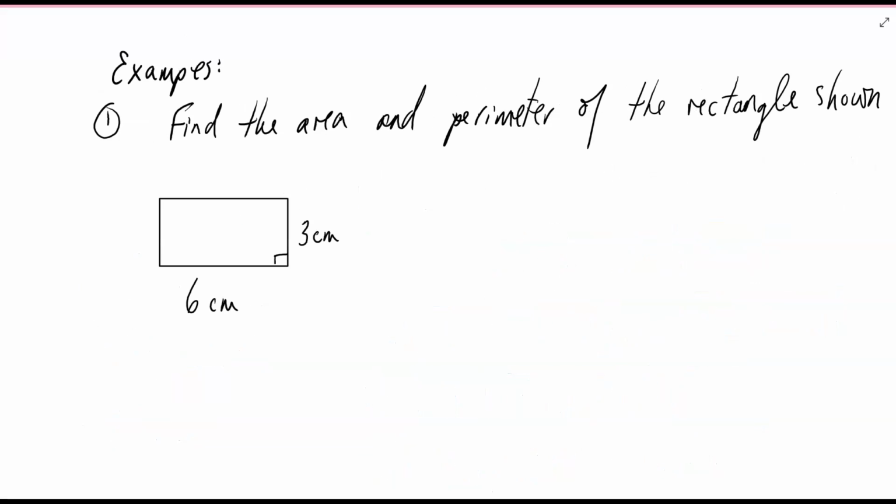Moving on to quadrilaterals, find the area and perimeter of the rectangle shown. Well, area is length times width, which is 6 centimeters multiplied by 3 centimeters, which is 18 centimeters squared.